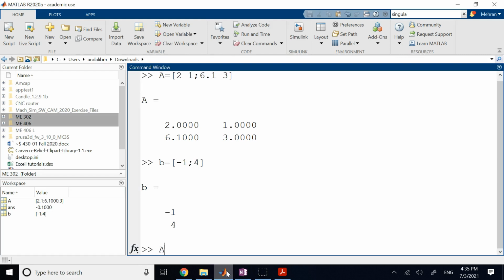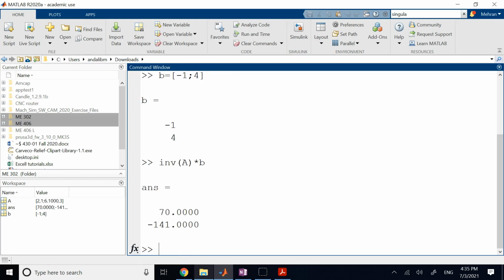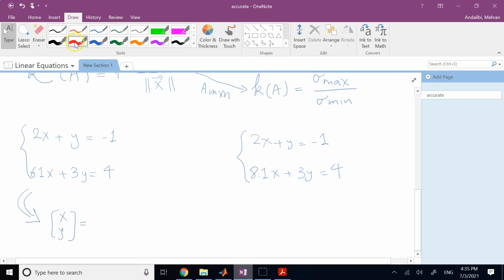The solution is A backslash b, or A inverse times b, whatever you want. And you see the solution is 70 and -141. Yes?